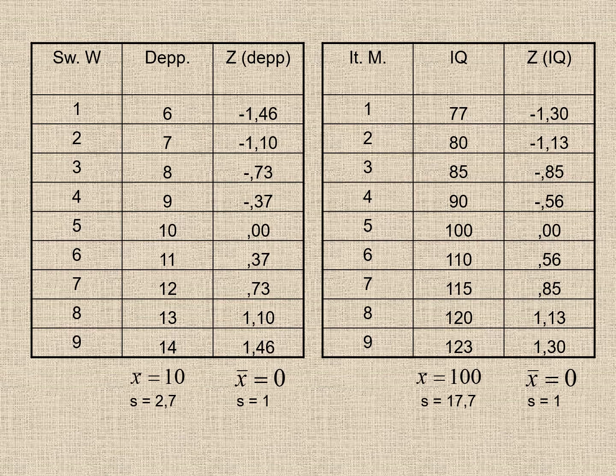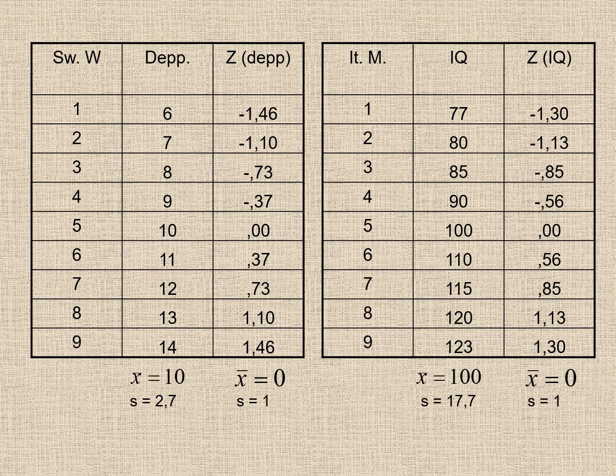So for instance, for the first person here with a depression of 6, we take 6 minus 10 and divide by the standard deviation 2.7, and we get a zeta score of minus 1.46.